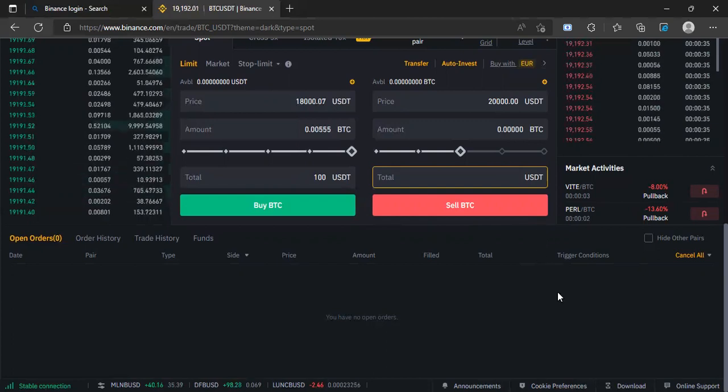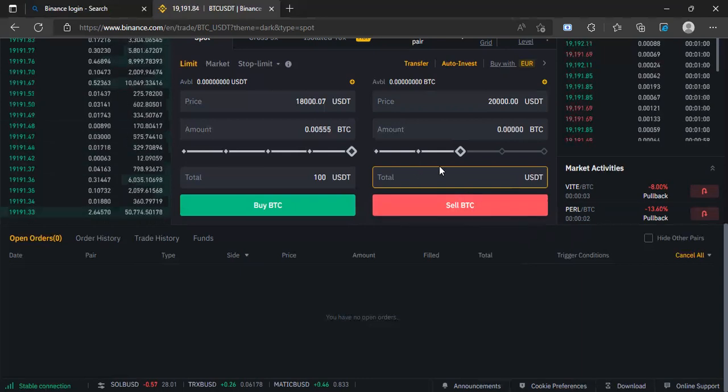You can close partial, meaning you close half of your position and leave the rest running. It's the same thing here. You have X amount of Bitcoin and you sell 50% of that at that specific price, and you keep the rest so you don't drop your entire order.